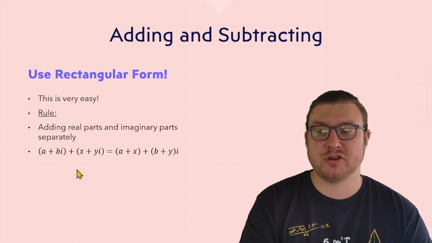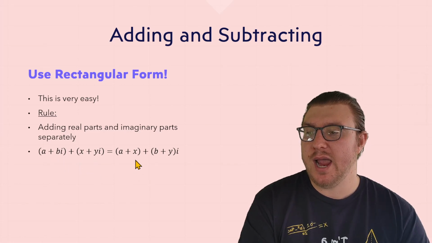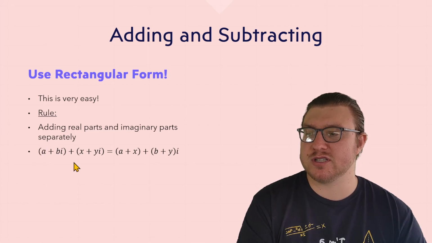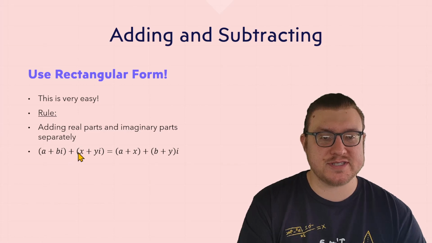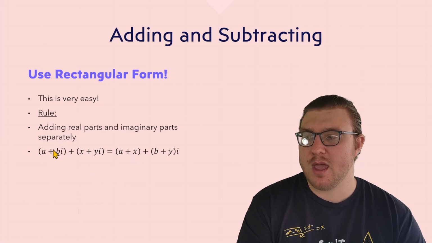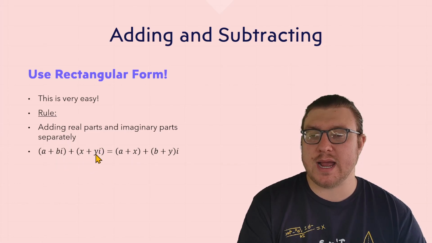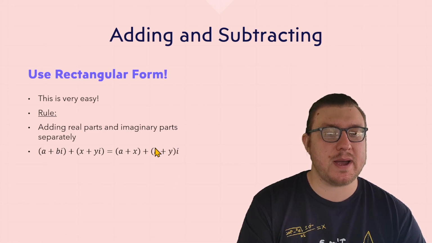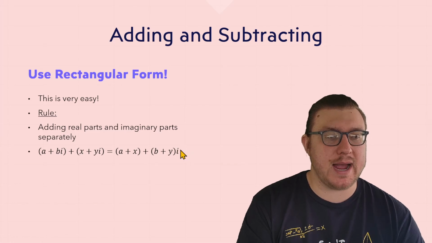I used both the notations that people usually use and added them together. And here we can see a is the real part of the first one, x is the real part of the second one, which means the real part in the answer is a plus x. Whereas b and y are the imaginary parts. So if we add them together, we add the imaginary parts together and then multiply by i.